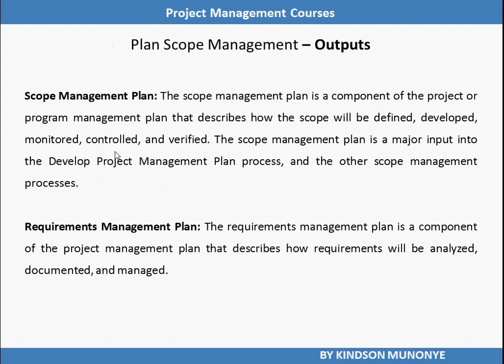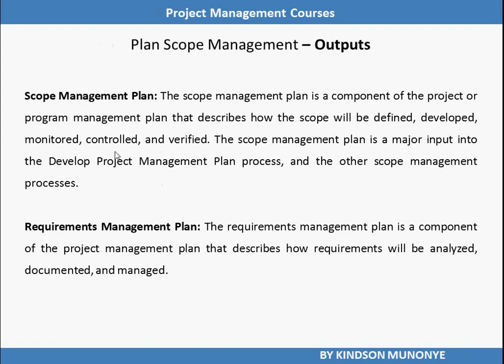The outputs are simple. The first one, as you know, is the scope management plan. The scope management plan is a component of the project or program management plan that describes how the scope will be defined, developed, monitored, controlled, and verified.